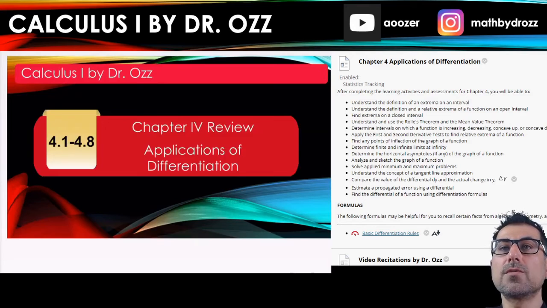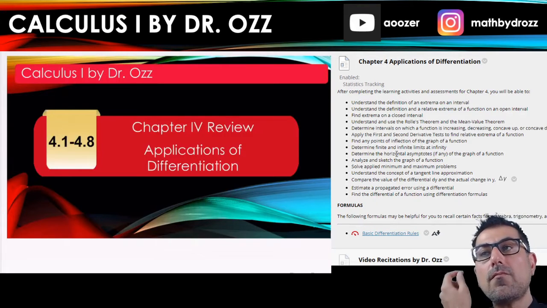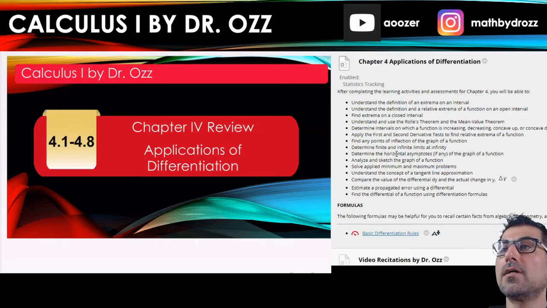And we also worked on increasing and decreasing behavior of the function together with its concavity. And we had the first and the second derivative test to pinpoint relative extrema of a function. And we also worked on investigation of the inflection points for the graph of the function.